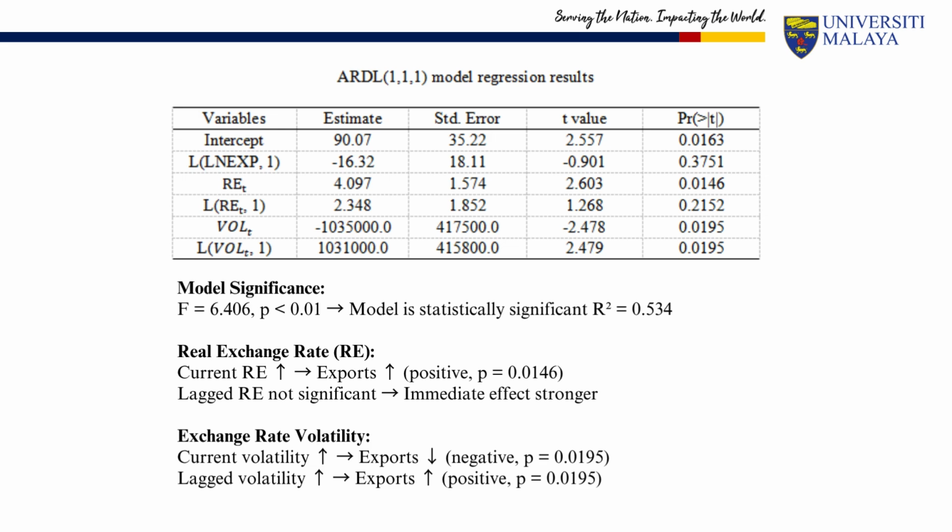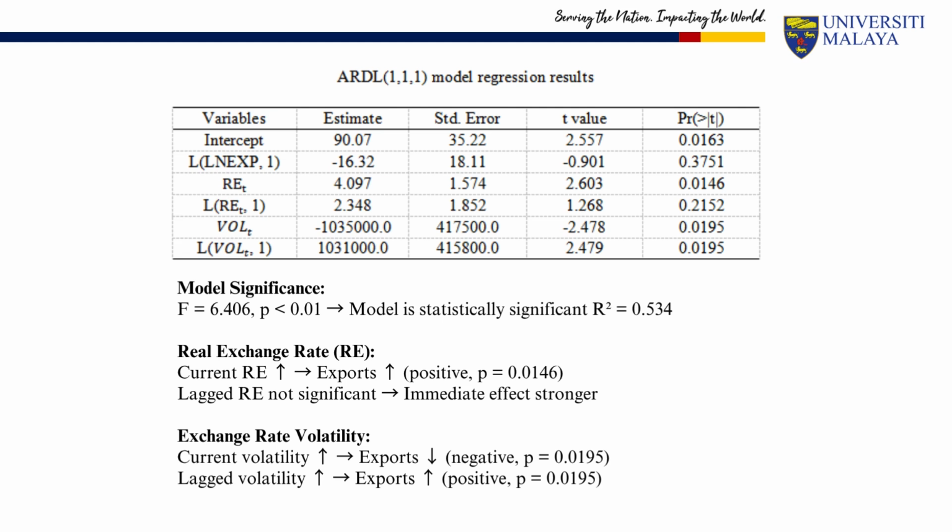This means that when the ringgit becomes weaker against the RMB, Malaysia's exports to China increase. This fits with the theory of price competitiveness. However, the lag term of RE is not significant, so the effect is mostly immediate.